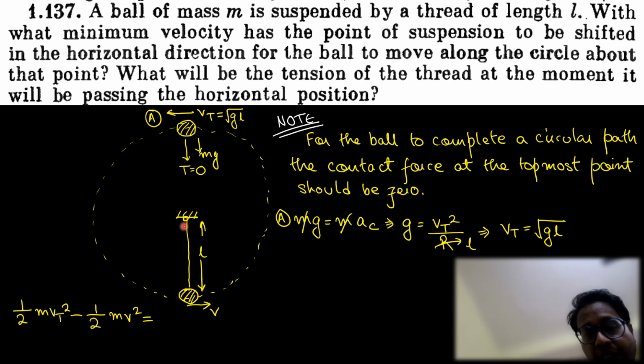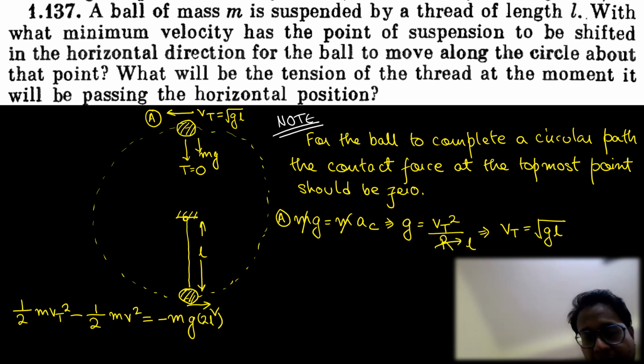The tension force does zero work because the elemental displacement ds is always perpendicular to the tension force. So the work done by tension is zero throughout the circular path, and the work done by gravity is minus mgh, where h is twice the radius, or 2l.